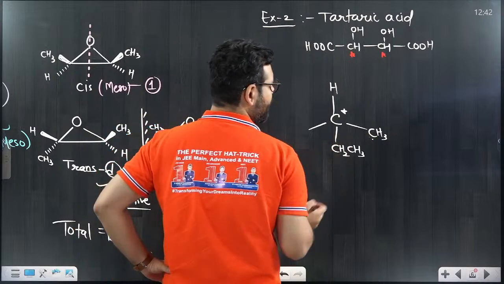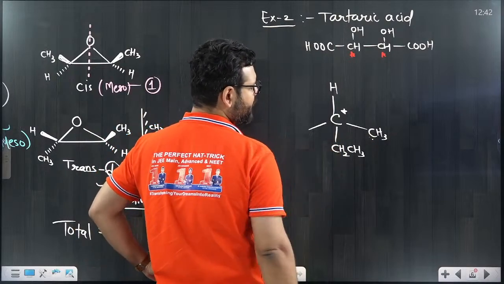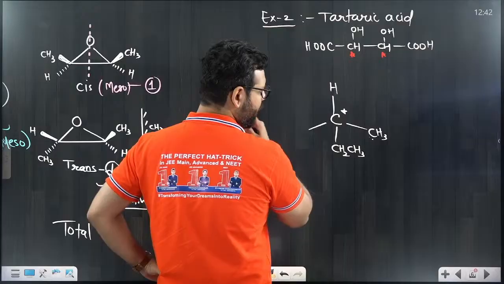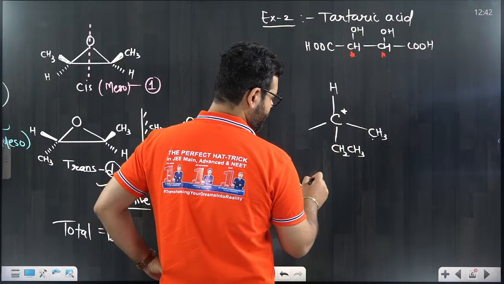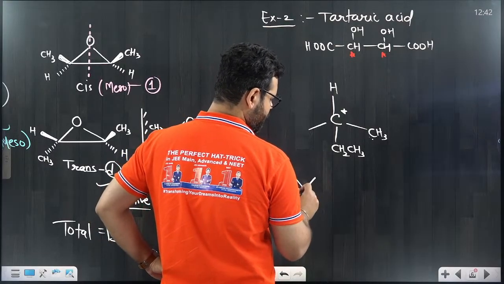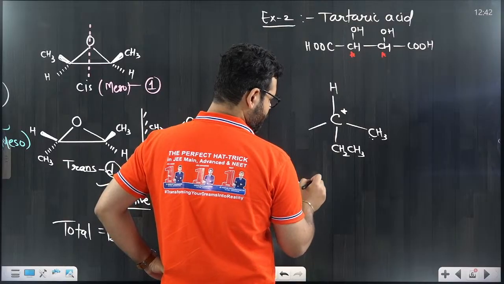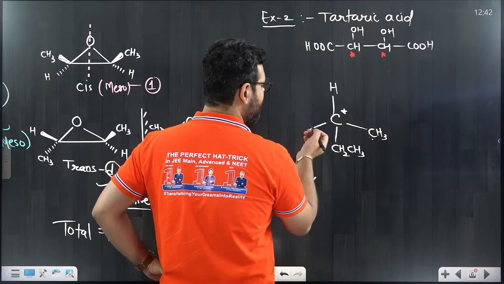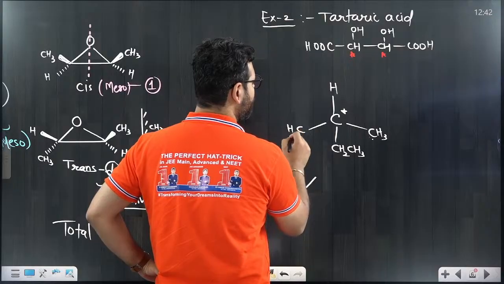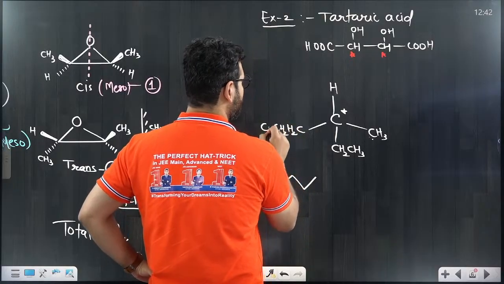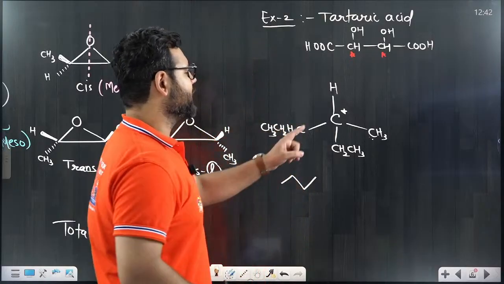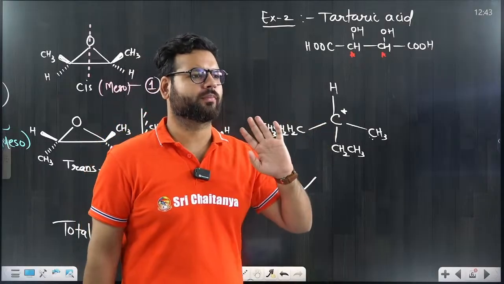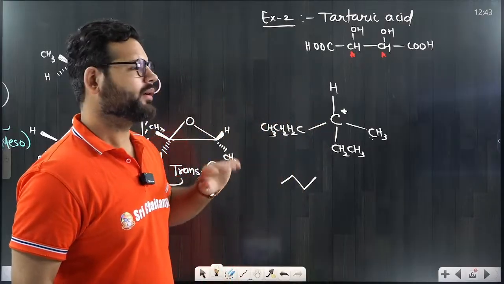So one methyl will come, one ethyl will come, and one propyl has to come. There is no other way to think of this one. So propyl, ethyl, methyl and a hydrogen. Okay, so this will be the possibility.